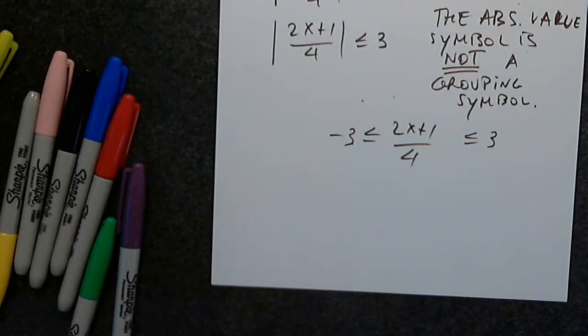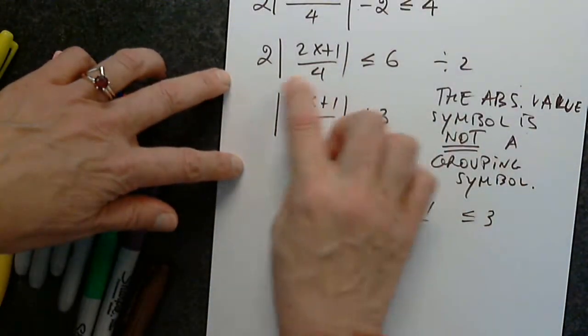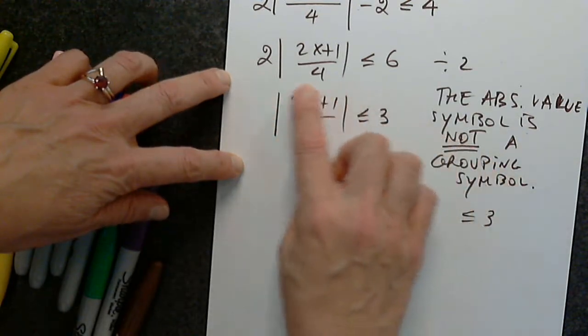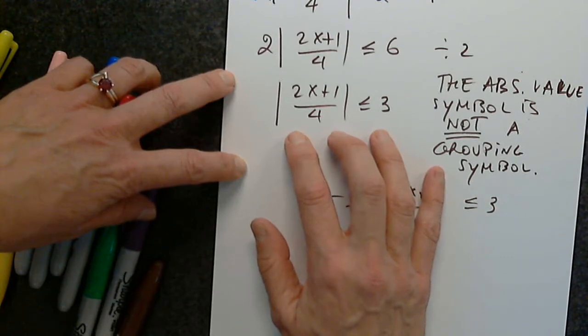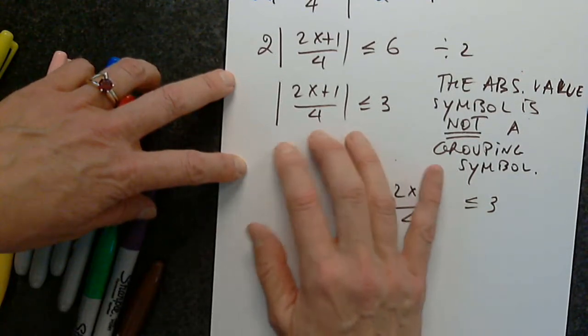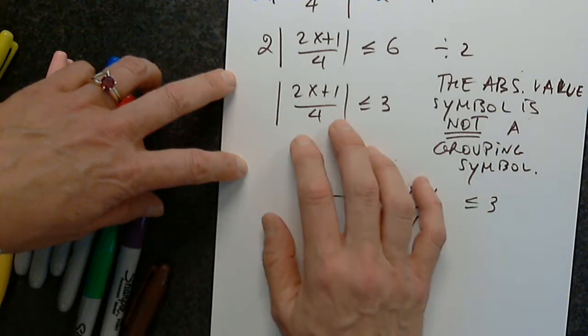Okay, perfect. Now this is a compound inequality, and how do I solve it? Let me draw your attention to one other thing. If I don't know how to convert this into this, I will not be able to solve. You cannot do anything here. You cannot multiply by 4, you cannot subtract 1, you cannot divide by 2, nothing.